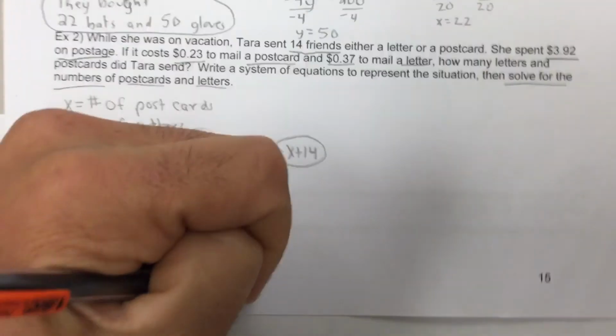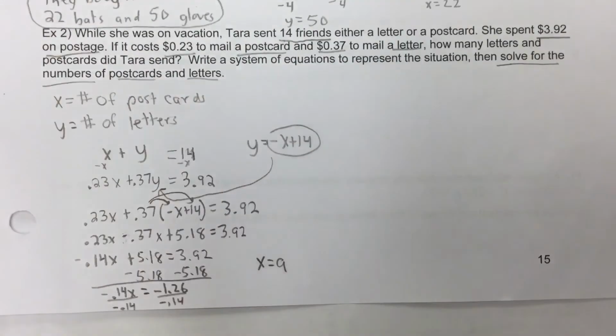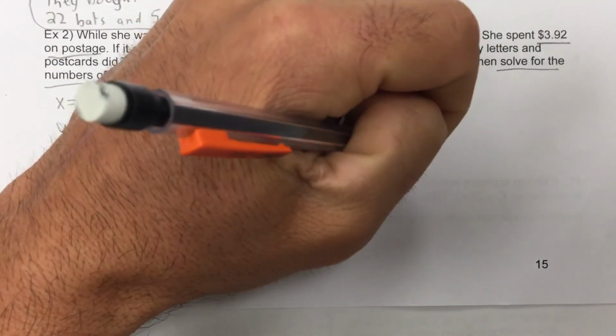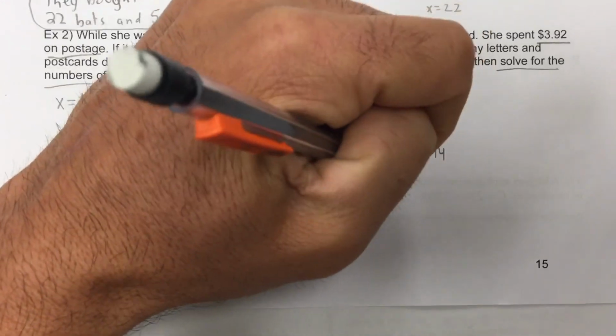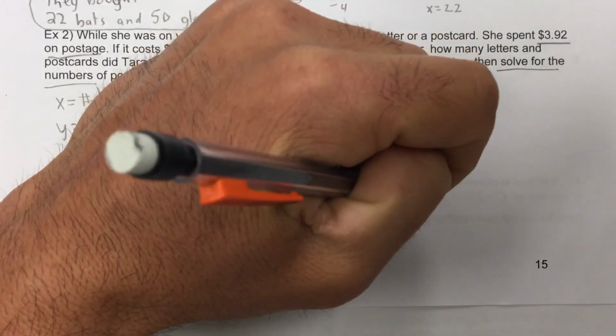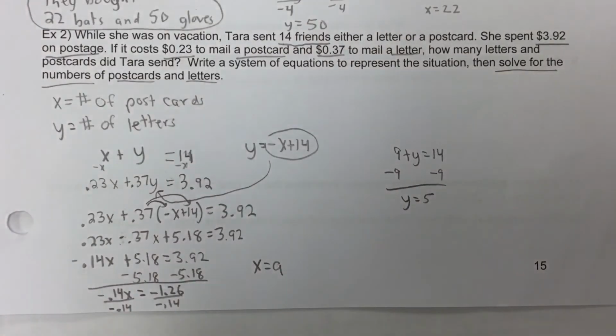And I get x equals 9. So what that tells me is I know that she sent 9 postcards. For me to find out the number of letters, I then go and plug my 9 in for x here and get 9 plus y equals 14. Subtract 9, and I know she sent 5 letters then.